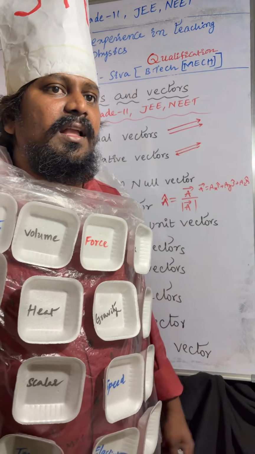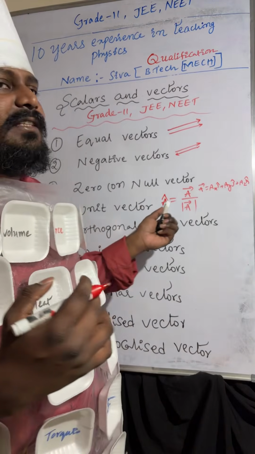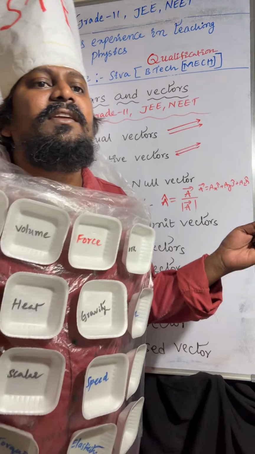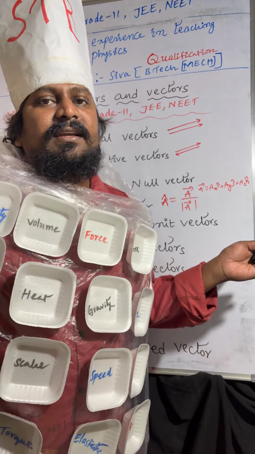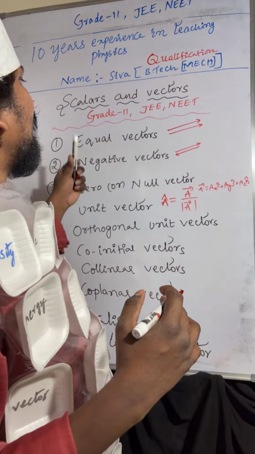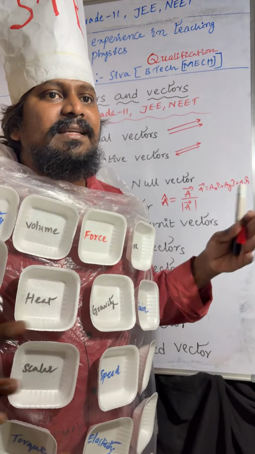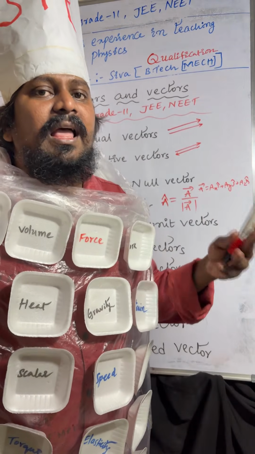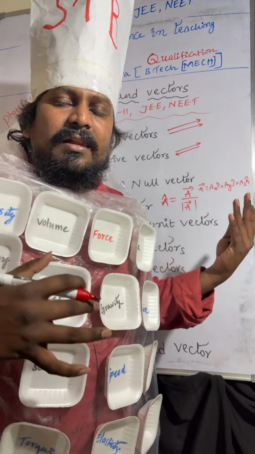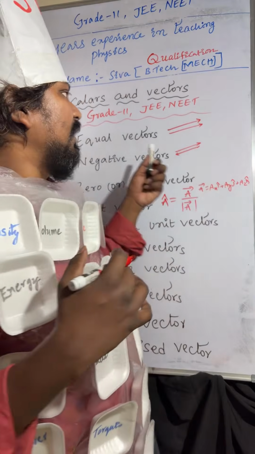So unit vector, the vector whose magnitude is 1, is called unit vector. I hope it is very clear. Once again, equal vectors: vectors having the same magnitude and at the same time acting along the same direction are called equal vectors.